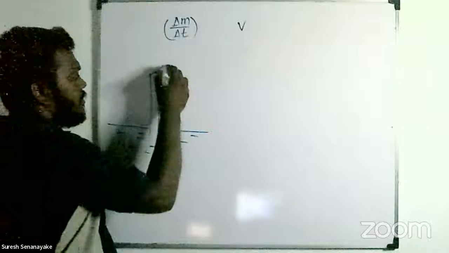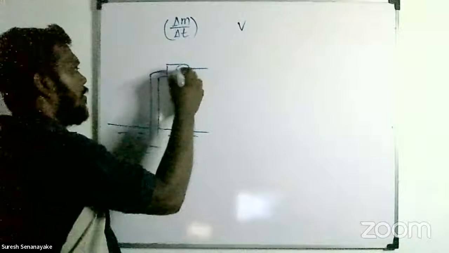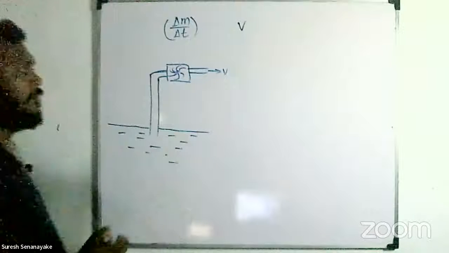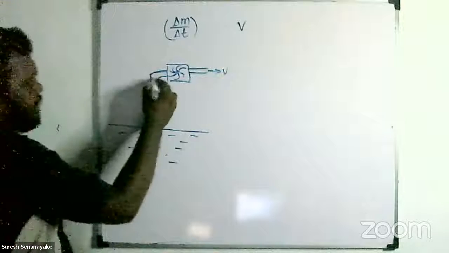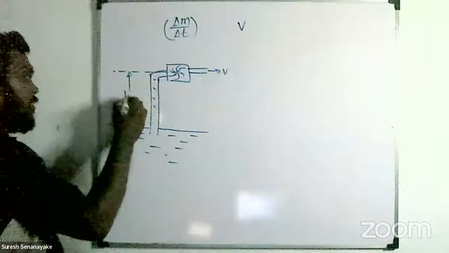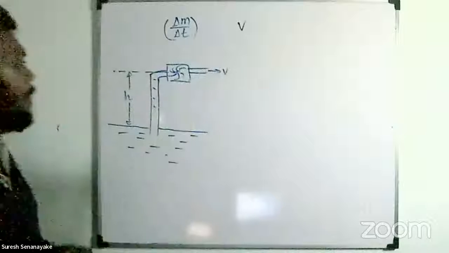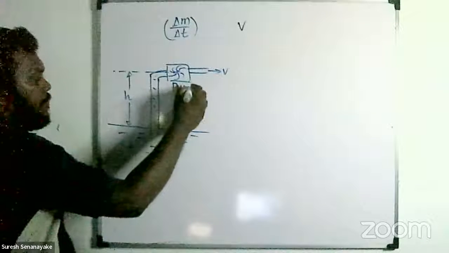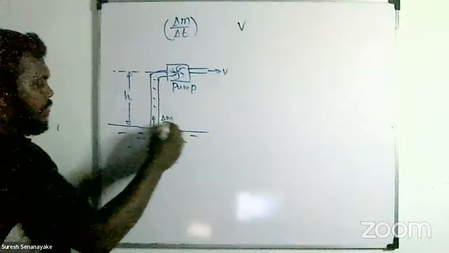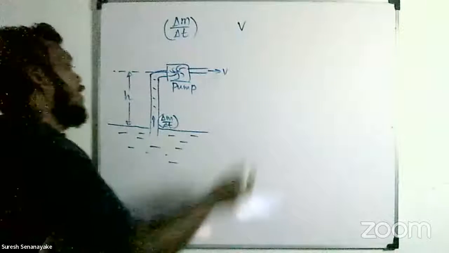You can consider it like this. So from the pump, anyway, the height h is lifted and the water is then ejected with the velocity v. This is the pump, right? The amount of water comes out at the rate delta m over delta t: delta m amount of water comes out in time delta t.